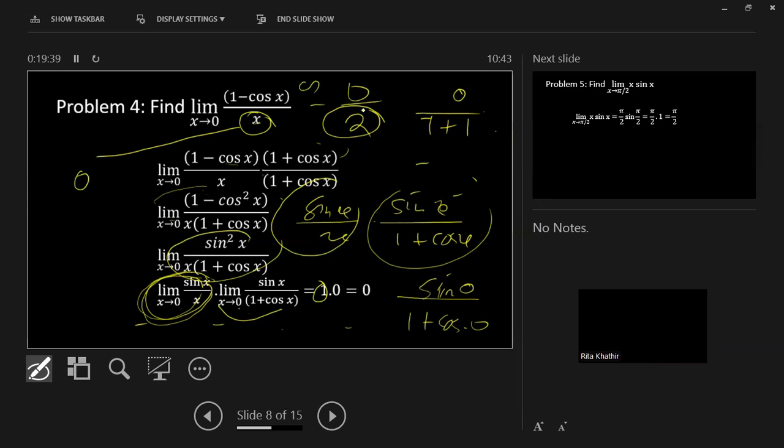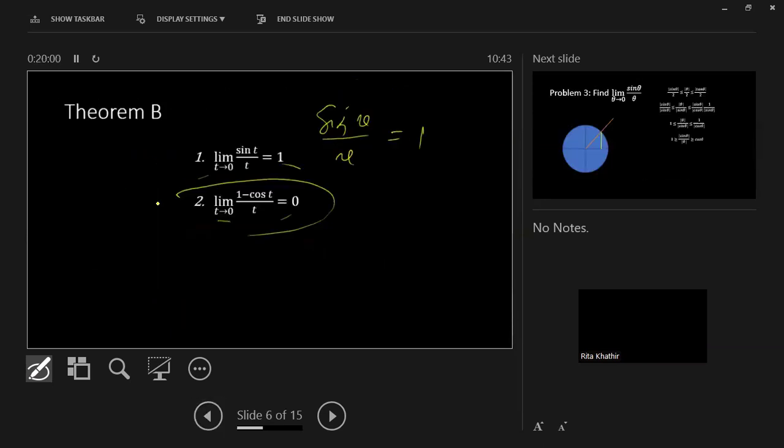But in case you have a number here, because on the upper side we have zero, then the result is a real zero. Okay. And then 1 multiplied by 0 is 0. So we have proved this already: the second rule in theorem B is that the limit as t approaches 0 of 1 minus cosine of t over t equals 0.